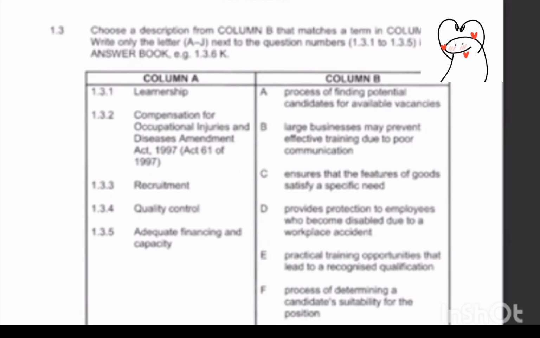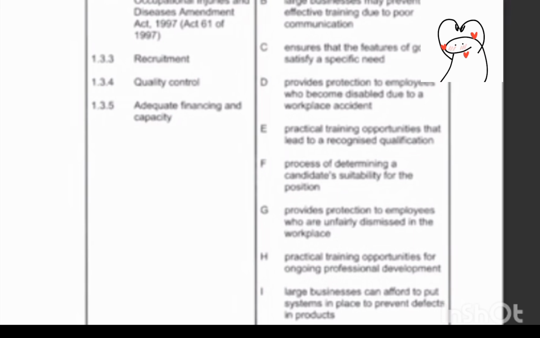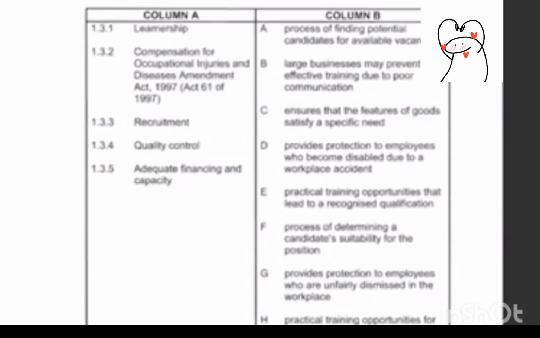Write only the letter A to J next to the question numbers 1.3.1 to 1.3.5 in the answer book. An example there is given where we have 1.3.6 as a K. So now in this regard, it means that we are going to go through the concepts in column A and also go through whatever we have as the definition or description in column B. Okay, right. So now let's check A. We have learnership.